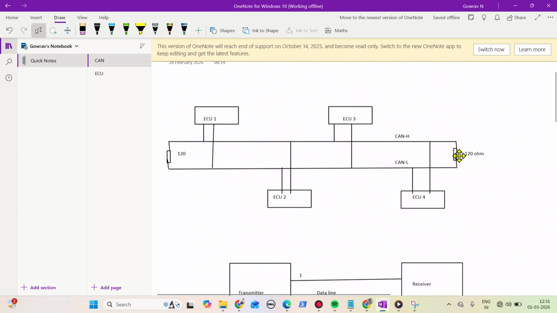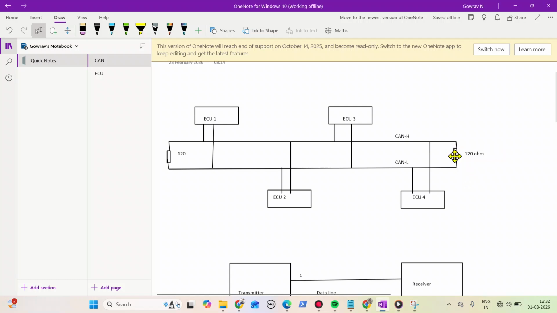Consider this ECU is transmitting some voltage in the wire. It will reach the end of the wire, and at the end this resistor will absorb that voltage. Now you can ask me, what will happen if that voltage is not absorbed? What impact will it create?